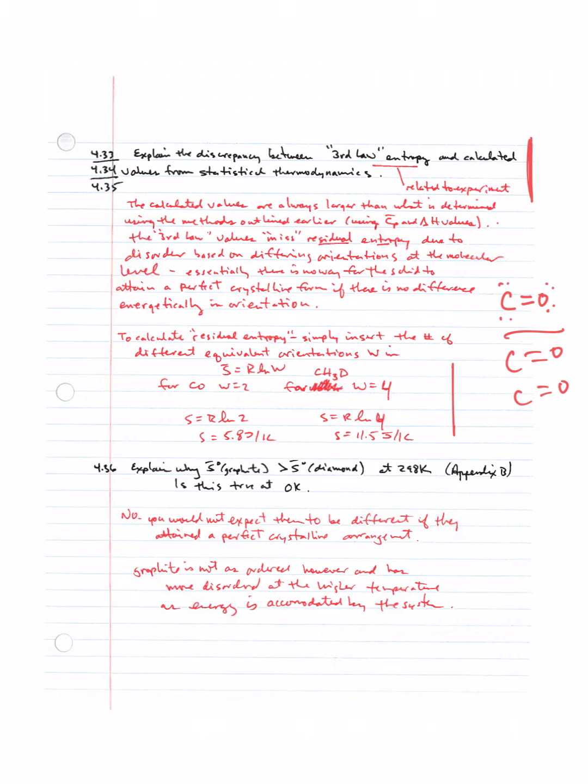To calculate residual entropy, simply insert the number of different equivalent orientations, W, in that Boltzmann-like equation. Since CO can either be written with C on the left or O on the left, there are two ways to write it. So when you put it into the equation, there's about 5.8 joules per Kelvin of entropy you can't account for by doing the standard experimental methods.